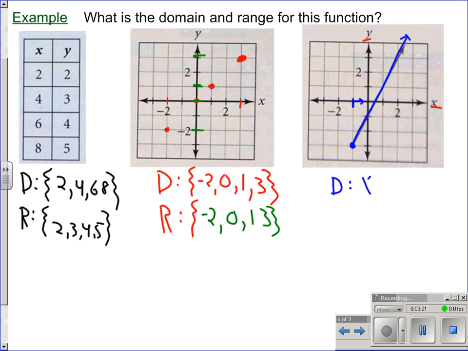So what we have is x values greater than or equal to, because it's a solid, we're including that -1. And we have all the x values greater than that. That's our domain. For the range, kind of the same thought process. The smallest y value we have here is at -3. And this graph goes up. So we've got all the y values greater than or equal to -3. That's your domain and range for this.